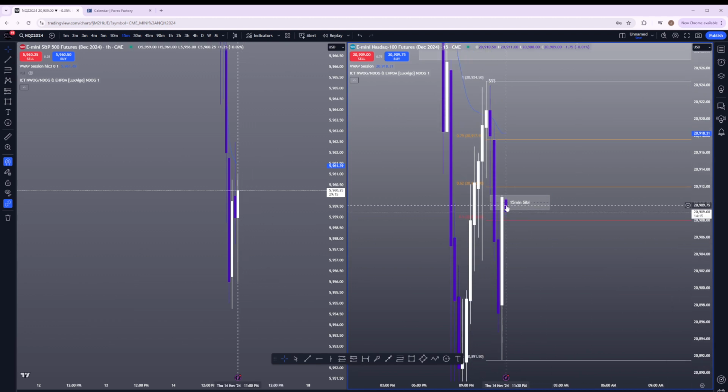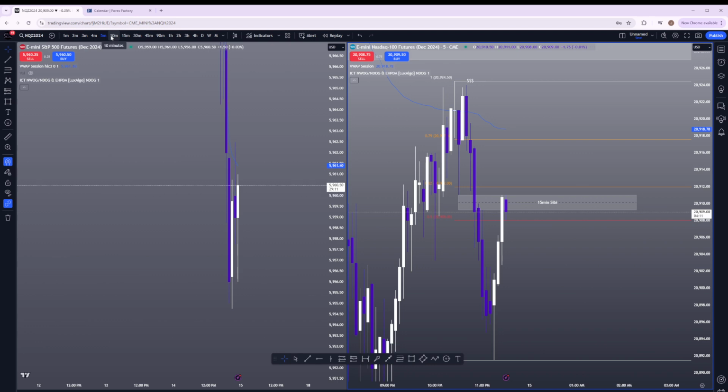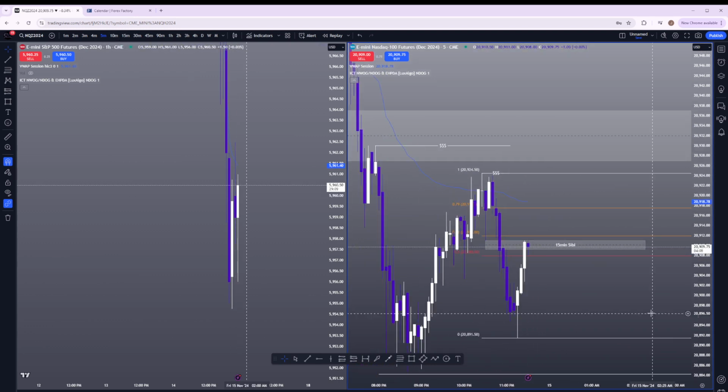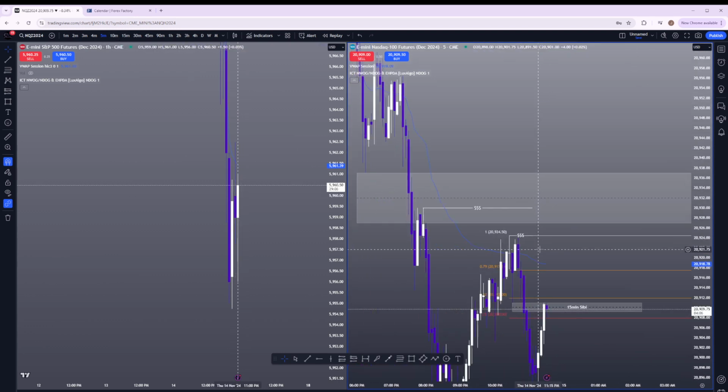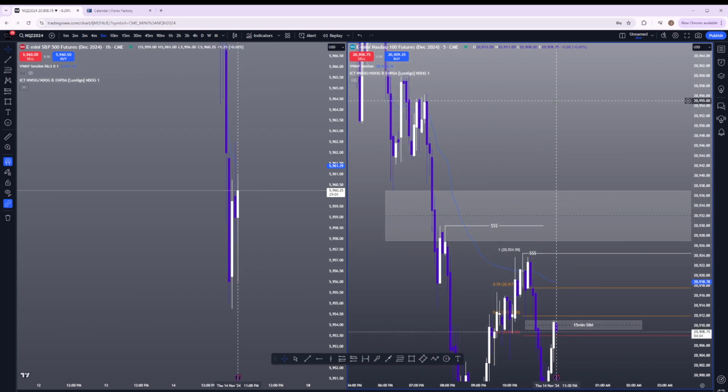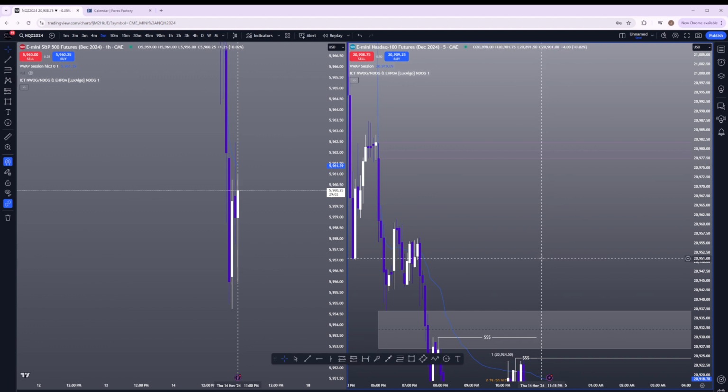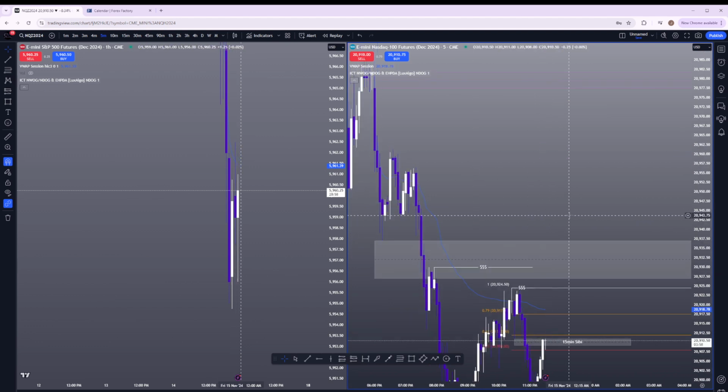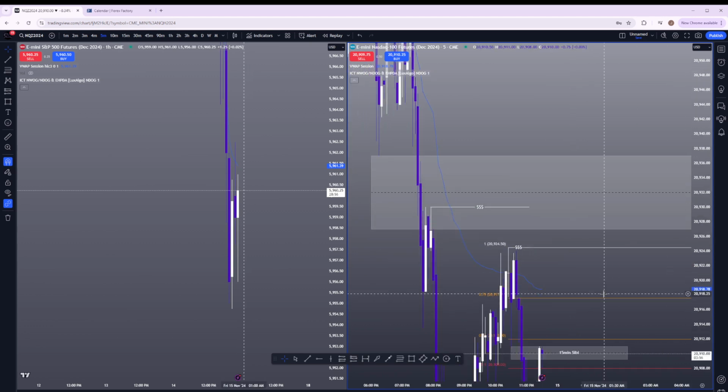But if we inverse our premium fair value gap, now I'm really expecting the longs to keep pushing up to buy side liquidity and get a market structure shift back up to buy side, to kind of start maybe initiating a little bit of a London reversal. We'll see. But that's kind of what I would look at.